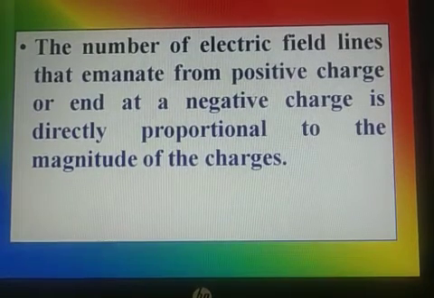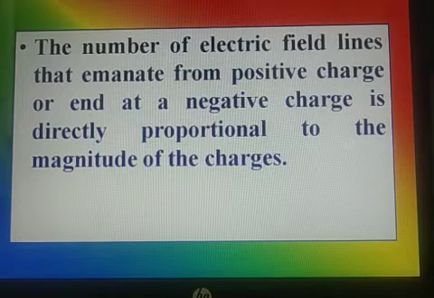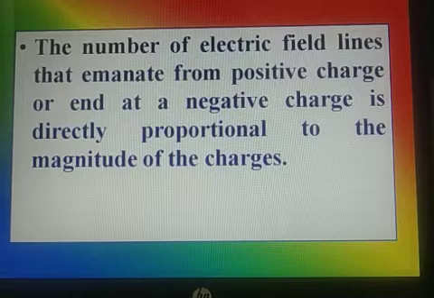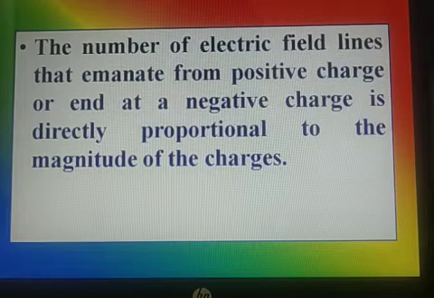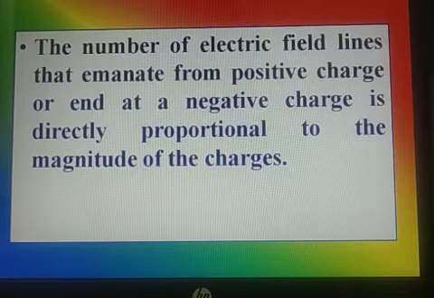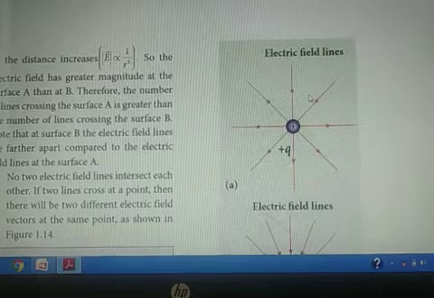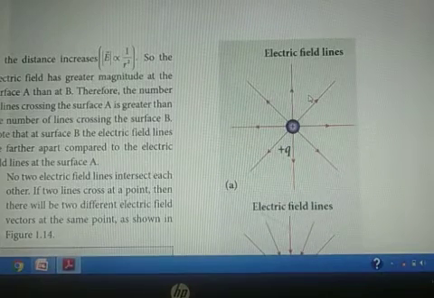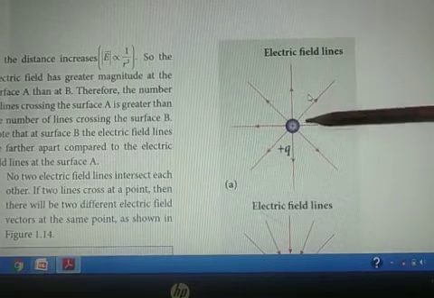And the last property is that the number of electric field lines that emanate from a positive charge or end at a negative charge is directly proportional to the magnitude of the charge. So how many electric field lines are emanating from one charge mainly depends upon the magnitude of the electric charge. To understand this concept, let us consider a plus Q charge.